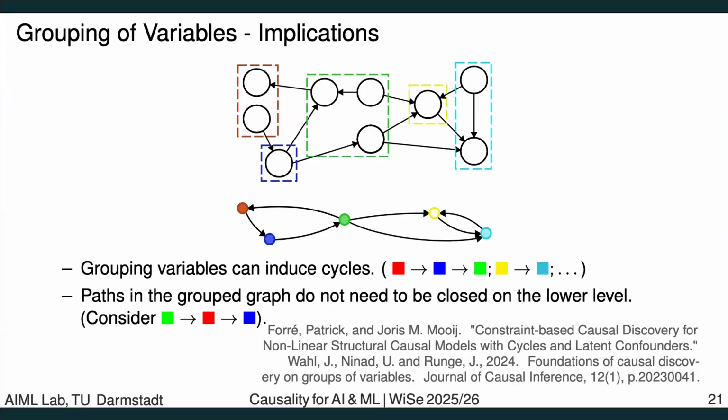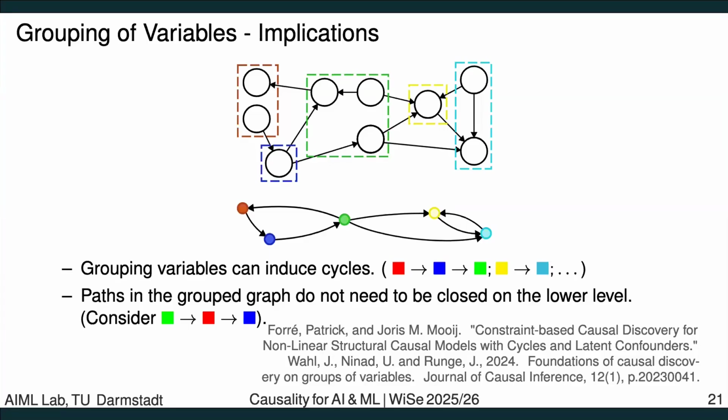From the red to the green, to the blue to the green one, or between the yellow and the light blue one, we get cycles. If we see these cycles, it's maybe not a problem, but we still assume most of the time that the underlying graph is acyclic.